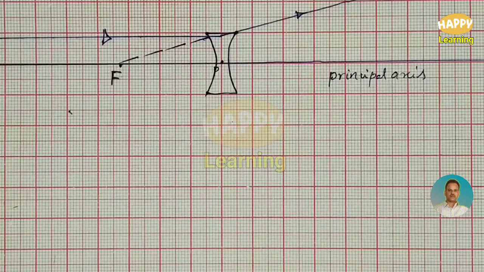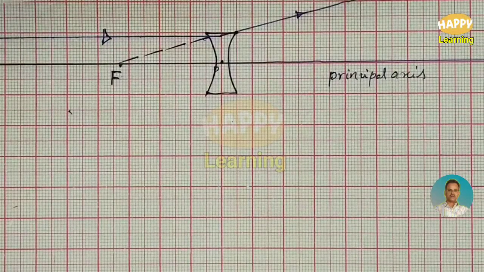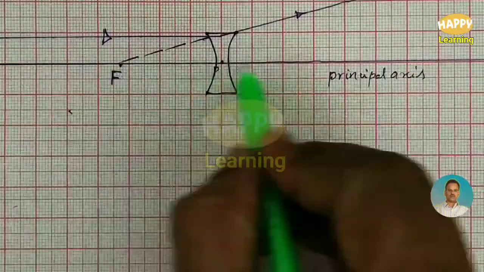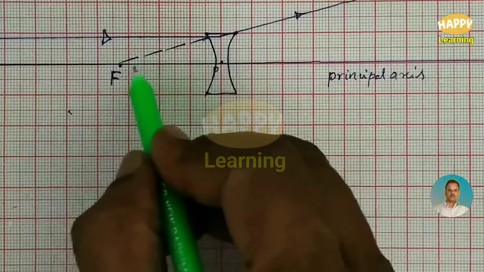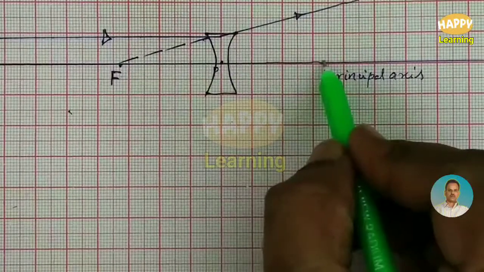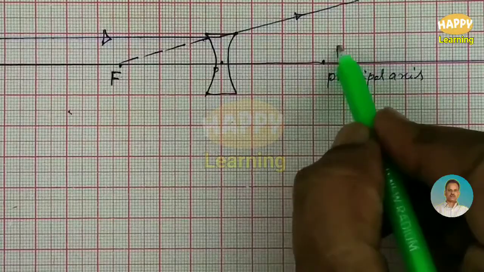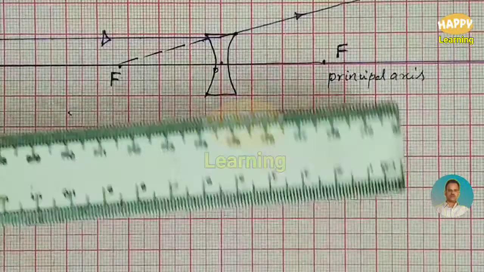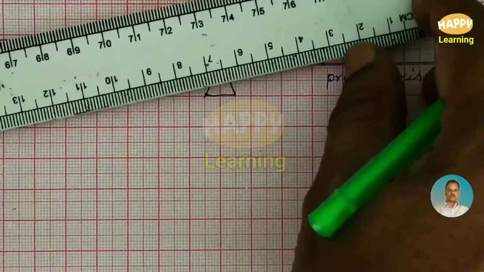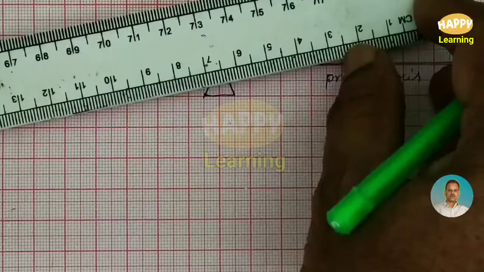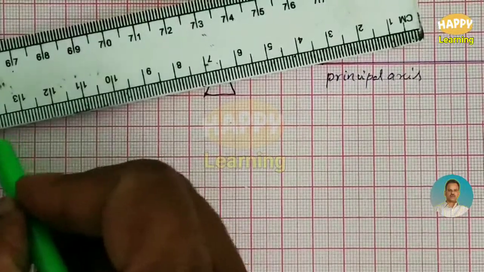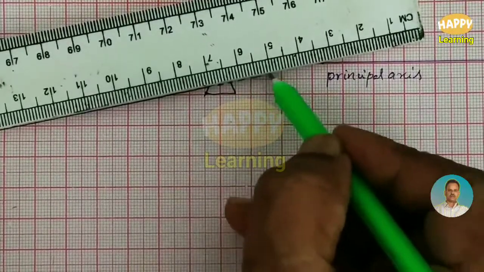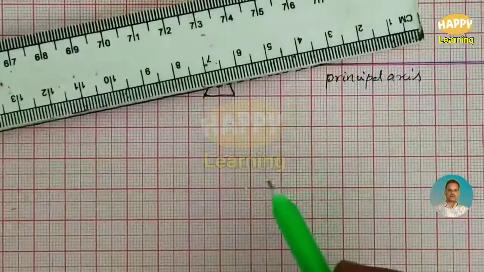Then second. Suppose at the same distance you have 1, 2, 3, 1, 2, 3. Somewhere here you have the focus on the other side. This is focus on the other side. If a ray is incident such that it is trying to enter into the focus, so this is a ray and it is in such a way that it is trying to enter into the focus.